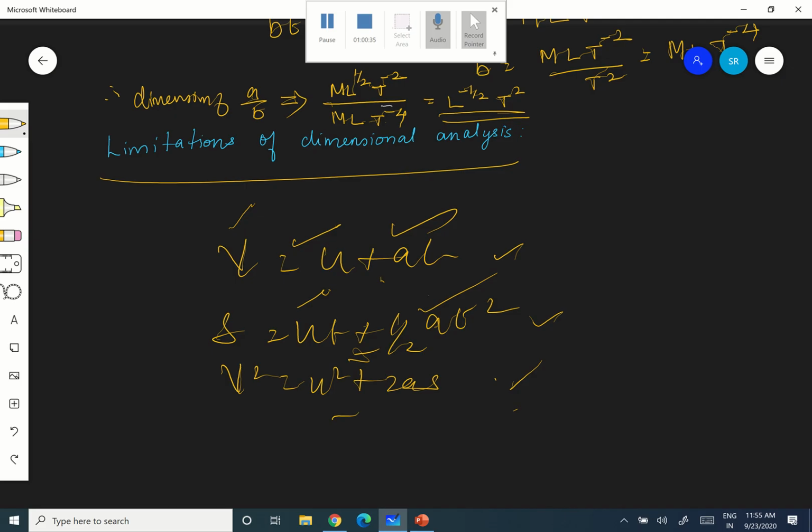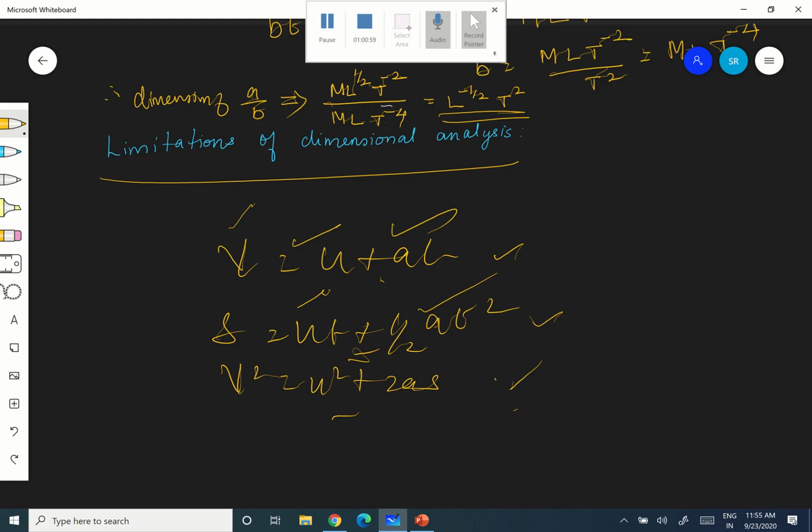No chance. Are you following? Definitely you cannot derive the expressions for that. So this is a very, very important limitation: if the formula we have to derive has two parts, you cannot adapt dimensional analysis.